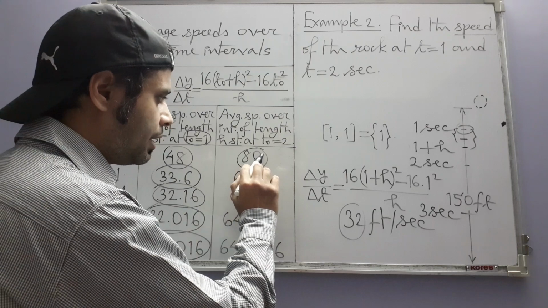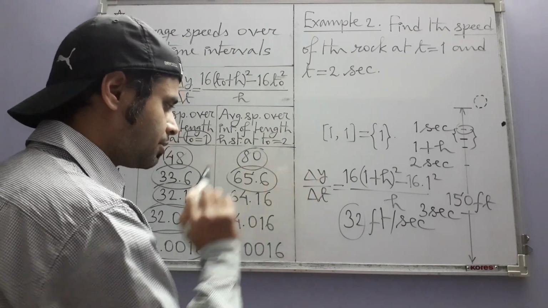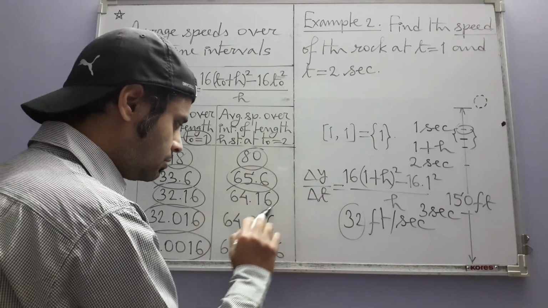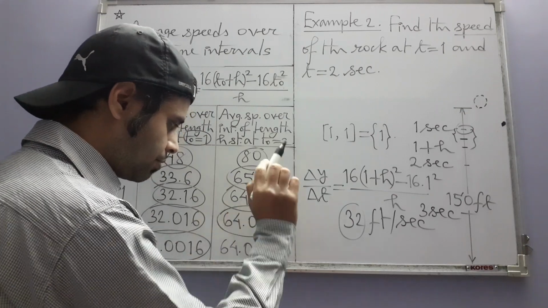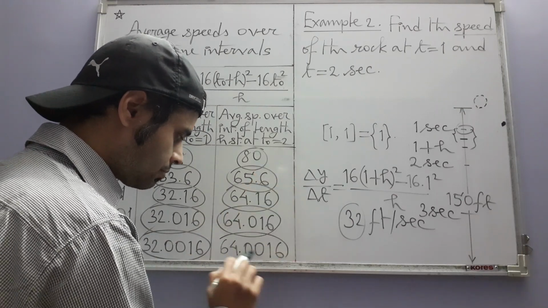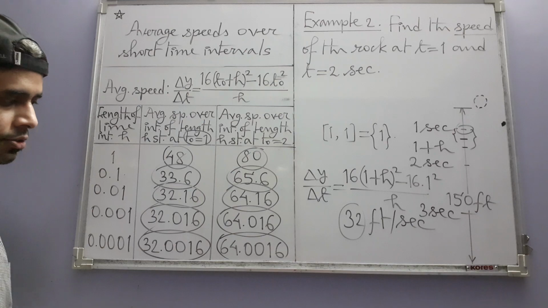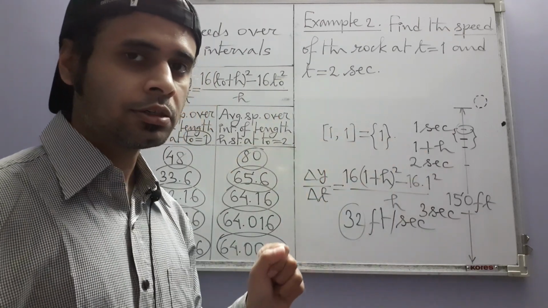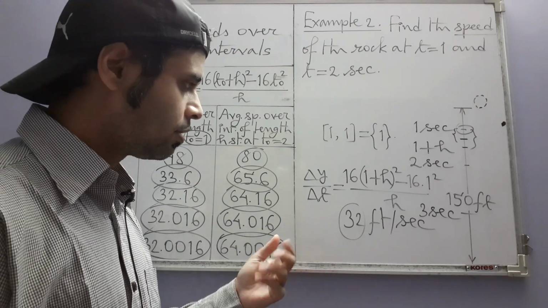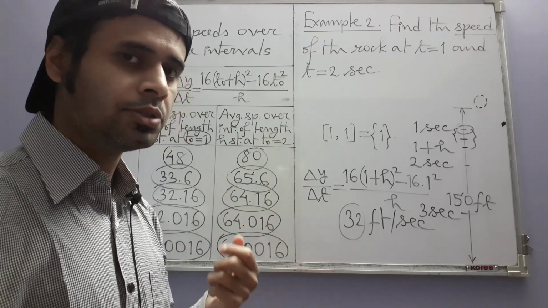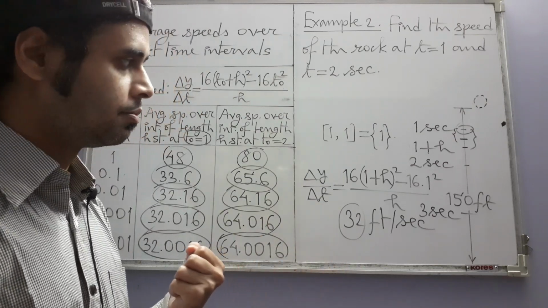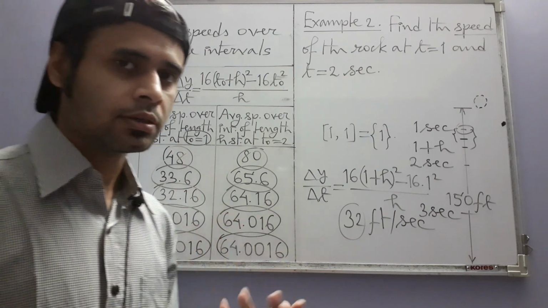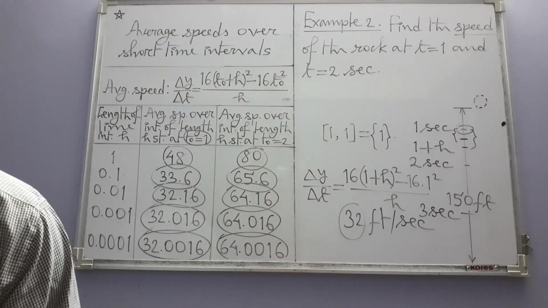So here we have 80 feet per second, 65.6 feet per second, 64.16, 64.016, 64.0016. So in this case, the instantaneous speed at the 2 second mark should be 64, or we will define it to be 64 feet per second. So that's what the solution to this example is.